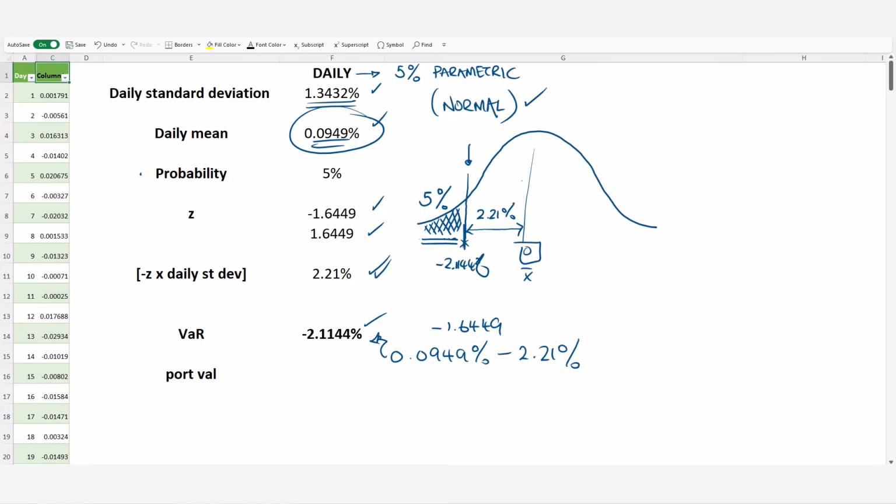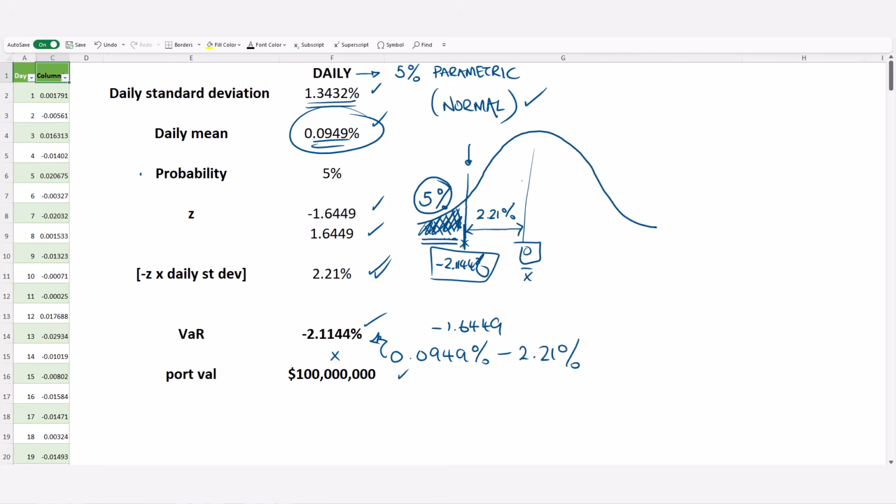2.1144% is here. I can say that 5% of the time, my portfolio will experience losses greater than 2.1144%. Now, if I add in a portfolio value, let's say 100 million, well, VaR is a loss of 2.1144%.